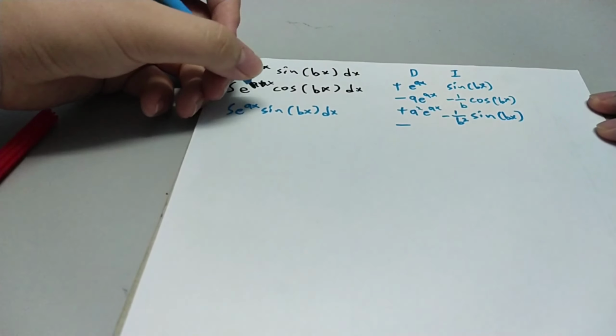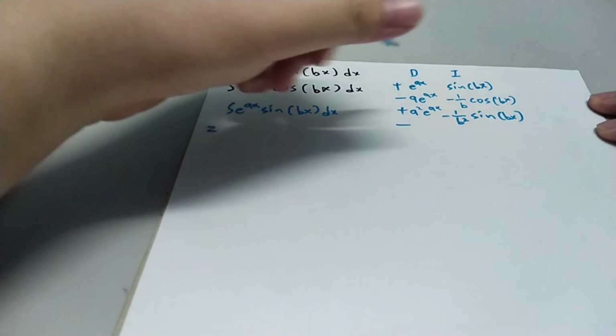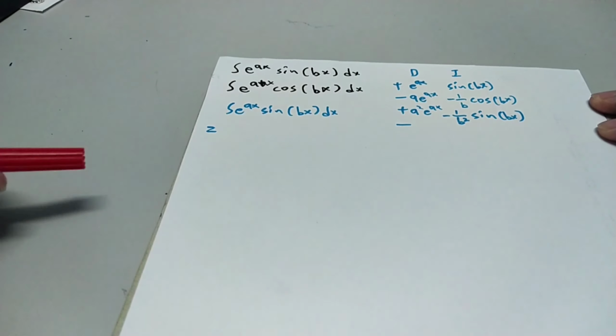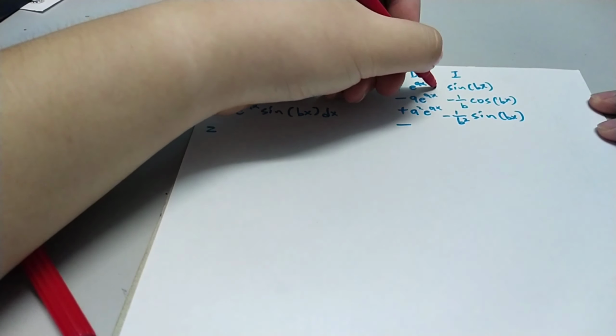So this one is equal to e power of ax. We are just going to multiply it diagonally.